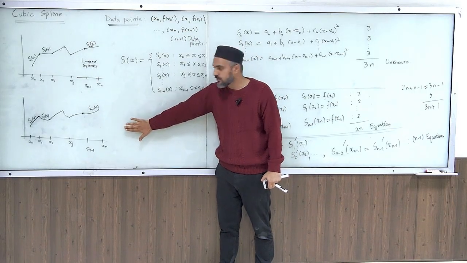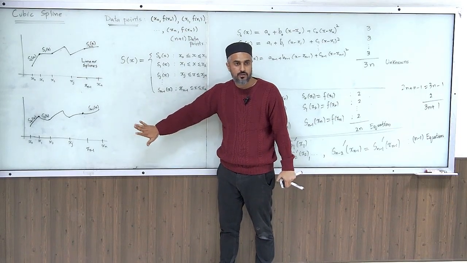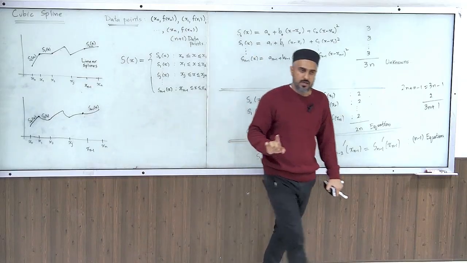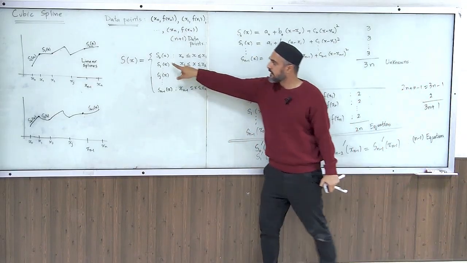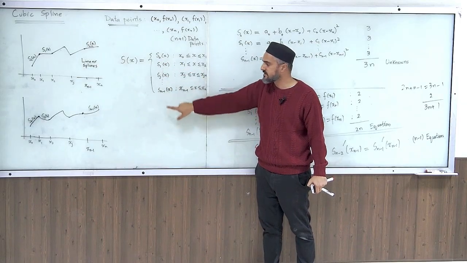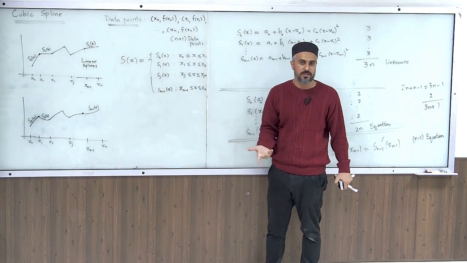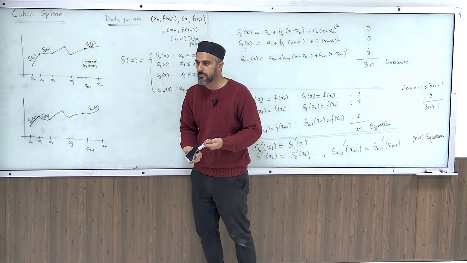So now I am going towards cubic splines. We are raising our level so that S0, S1 and Sj are cubic polynomials.